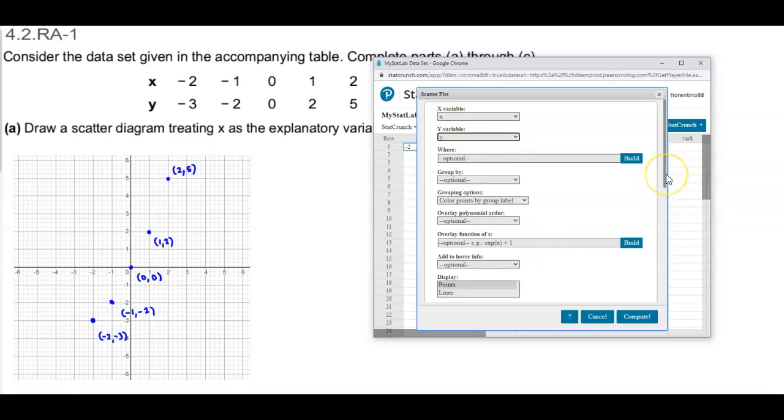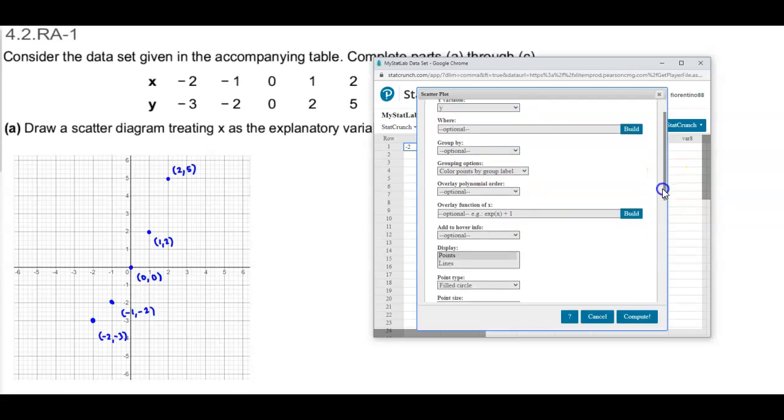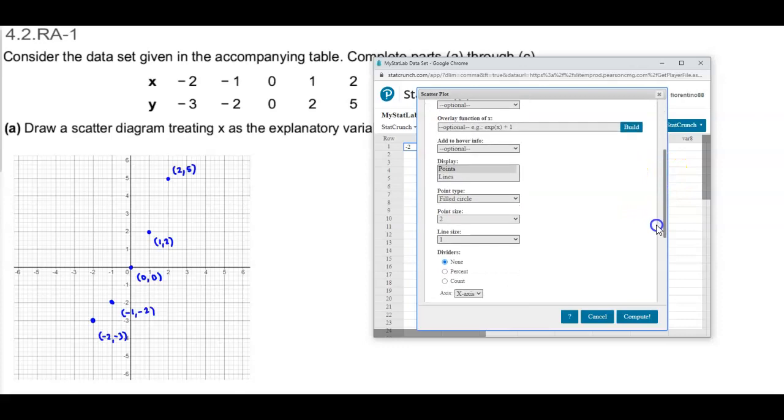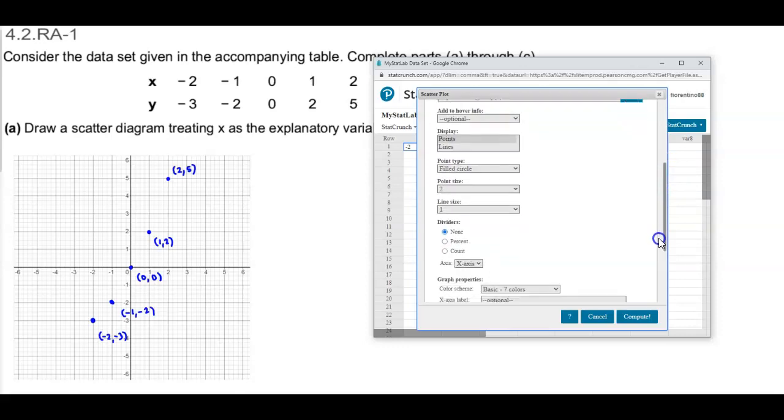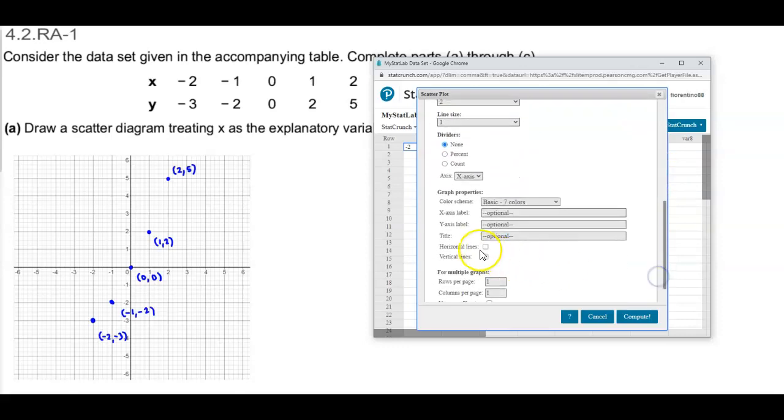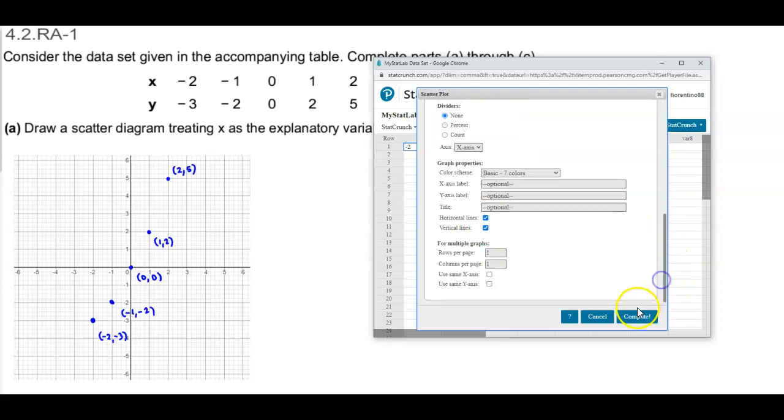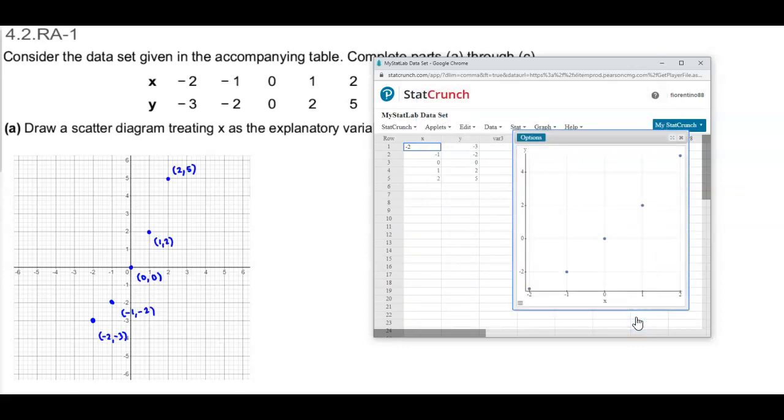If we scroll down a little further, the next thing we want to do is make sure that we have our horizontal and vertical lines selected. So let's select Compute. Here we see the scatter plot. Now we may want to change the look of our x and y increments.